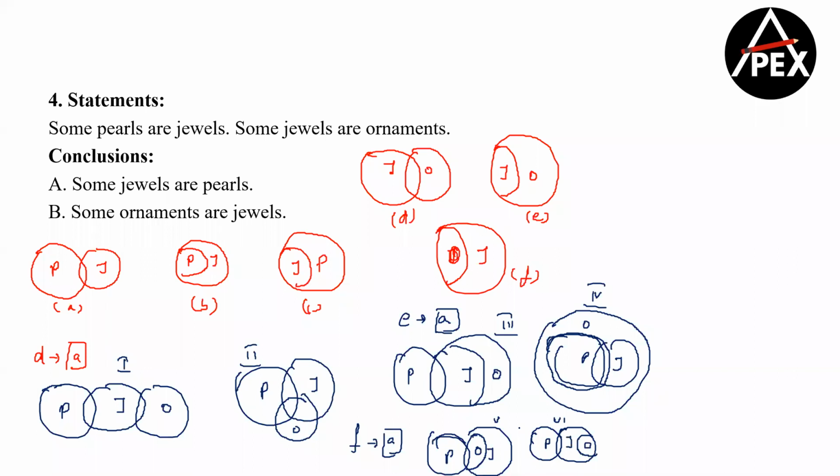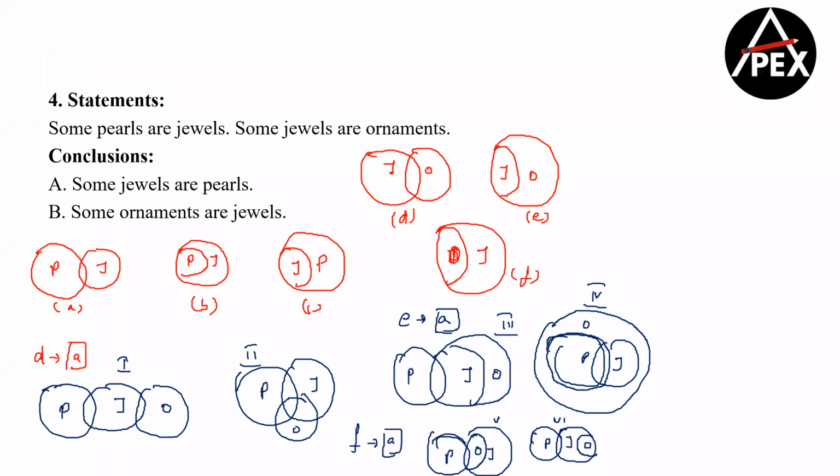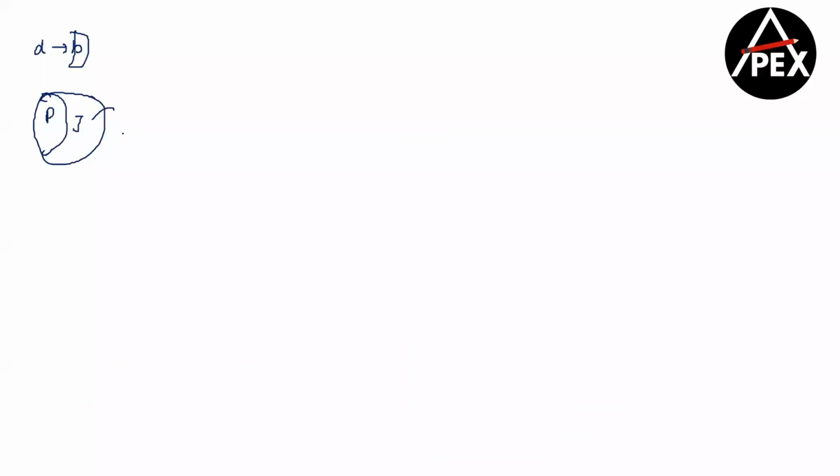Next, what I'm going to do is I'm going to combine D with B, E with B, and F with B. So let me look D with B. Okay, how does B look? B with J, right? And how does D look? J on an O. So maybe one case is this, or maybe the second case. Maybe the second case is wherein J is outside, P is inside, which is touching O.